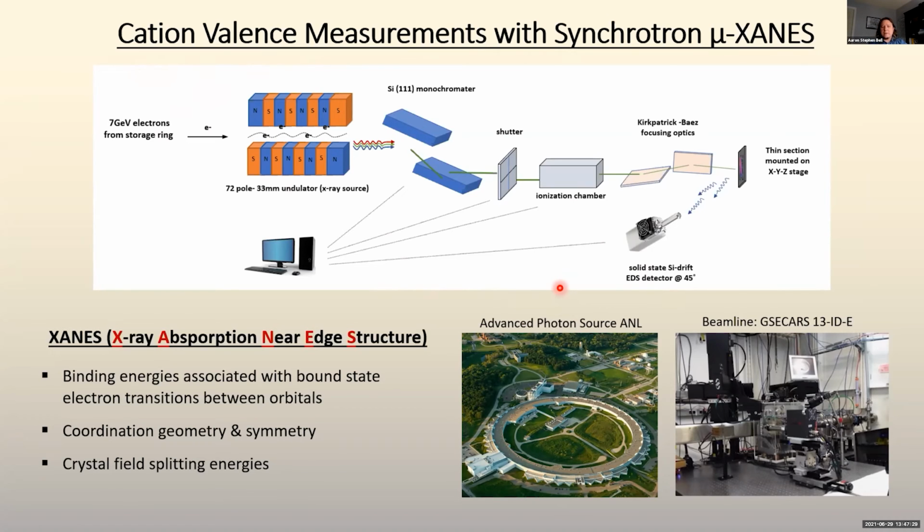These sorts of spectroscopic measurements essentially allow us to measure the binding energies associated with various bound-state electron transitions between empty orbitals, or between full and empty orbitals. So this provides information on cation coordination, geometry, and symmetry, as well as information on the oxidation state. You can also derive crystal field splitting energies from these sorts of measurements.